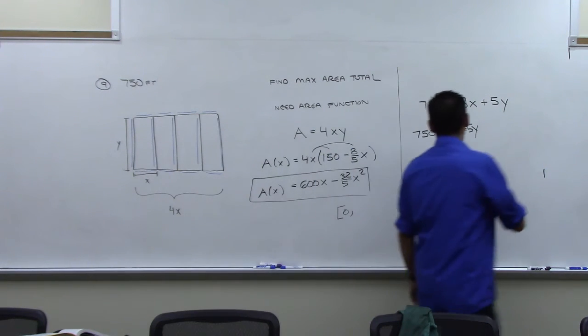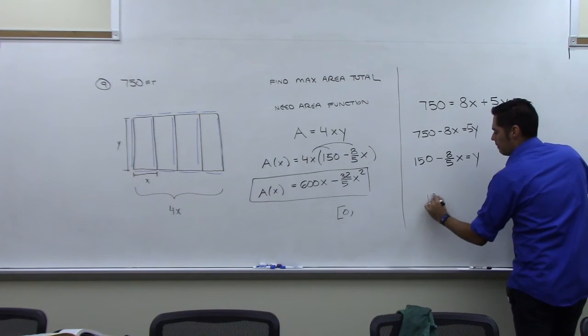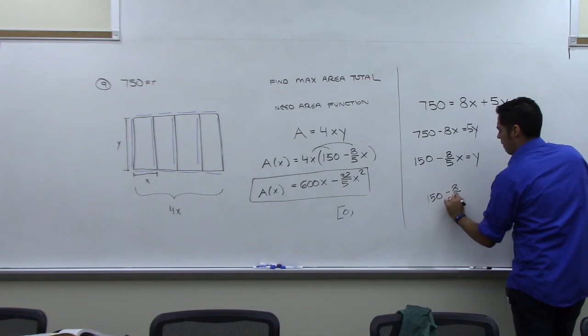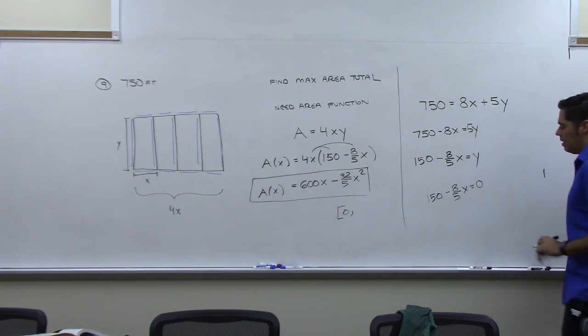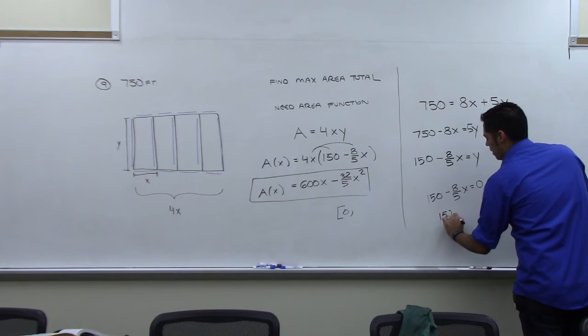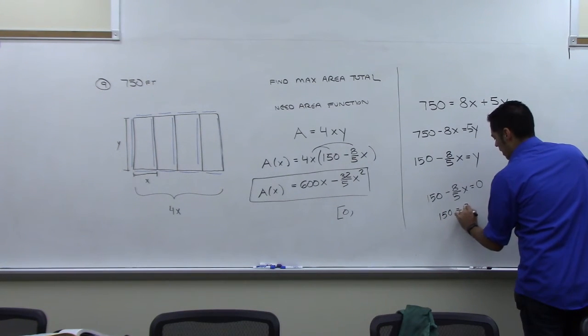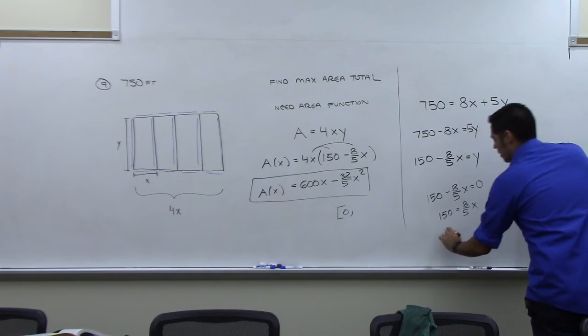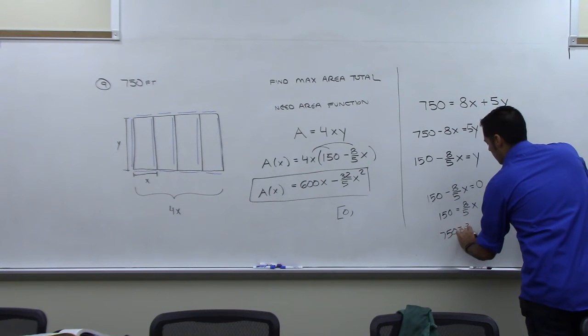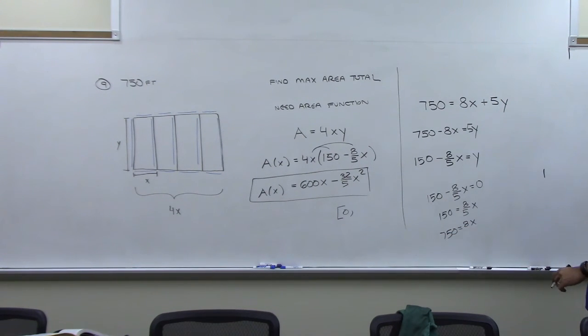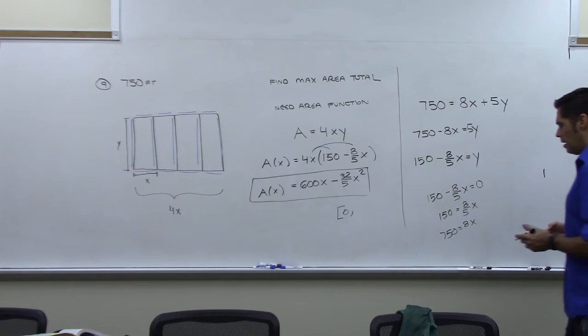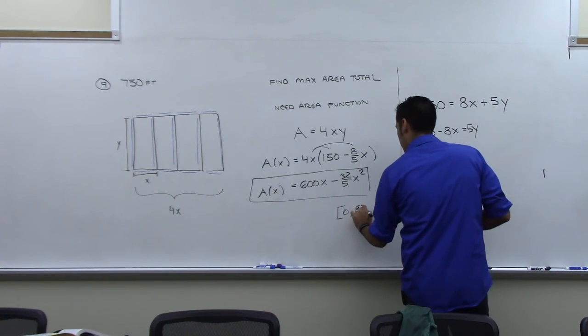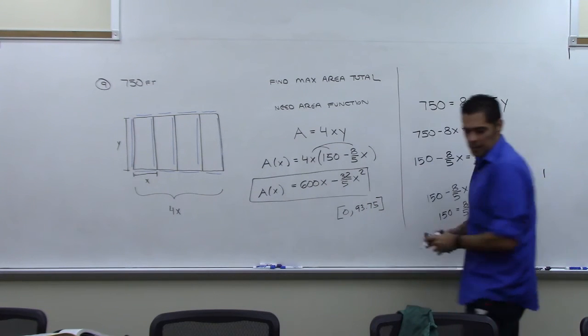So if I let y be 0 here and solve for x, then move things around, 150 equals 8/5 x. 5 times 150 is 750. 750 equals 8x, and then divide by 8. So let me see what I get there. 93.75. That's the biggest it could be.